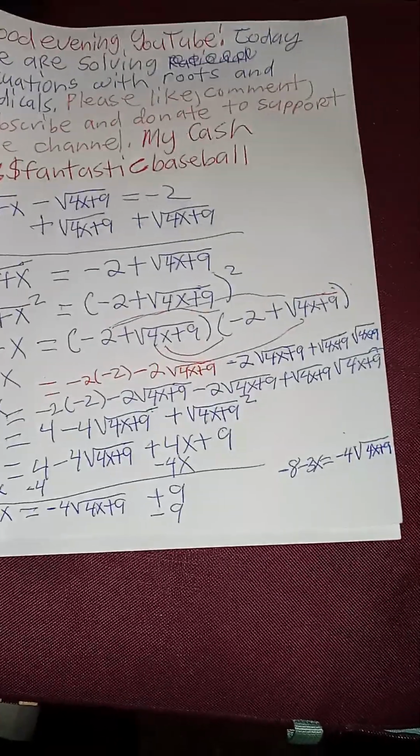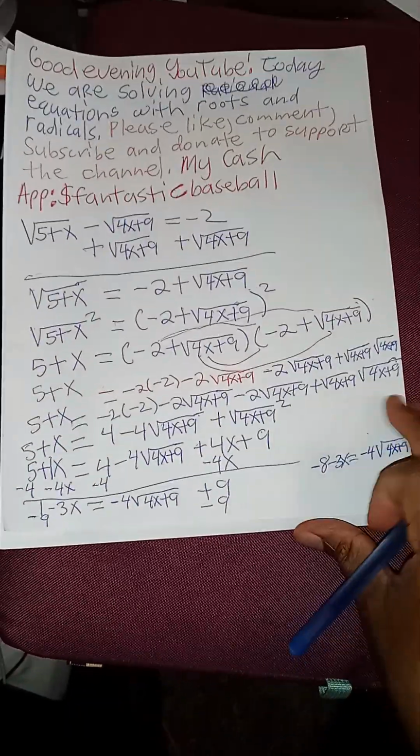And let's rewrite this on the back here. Negative 8 minus 3x is equal to negative 4 square root of 4x plus 9.